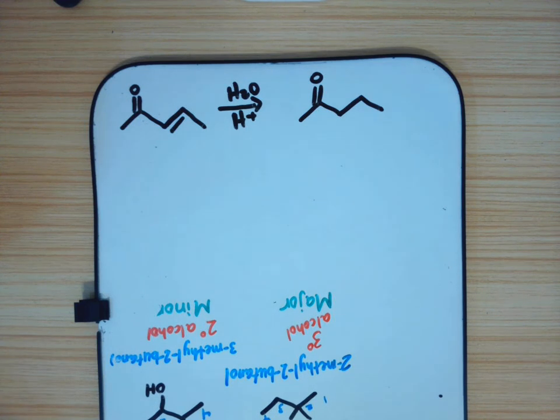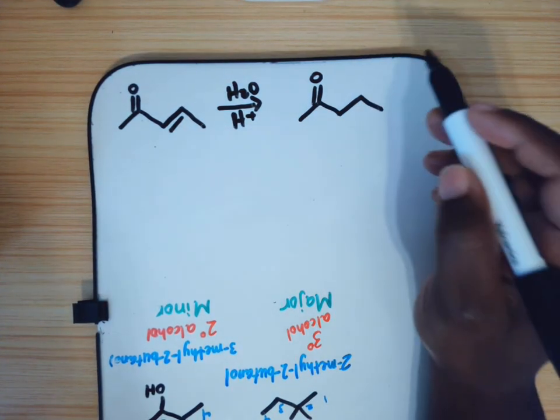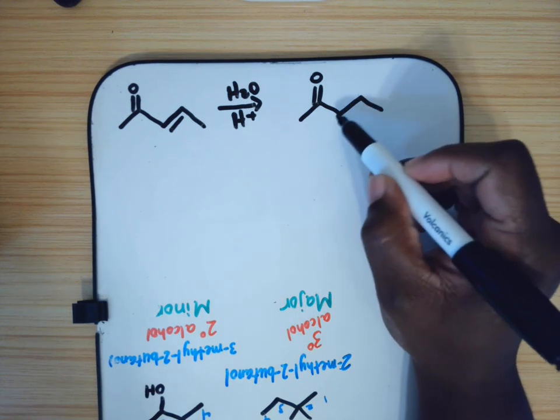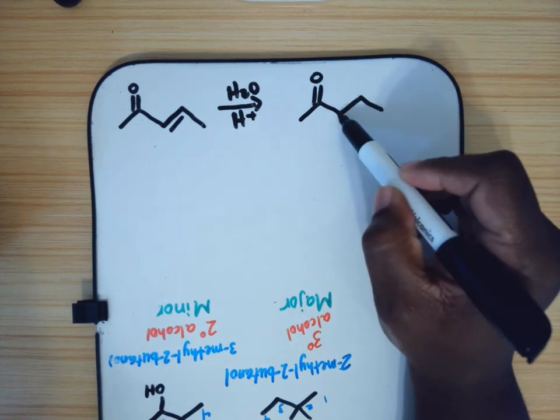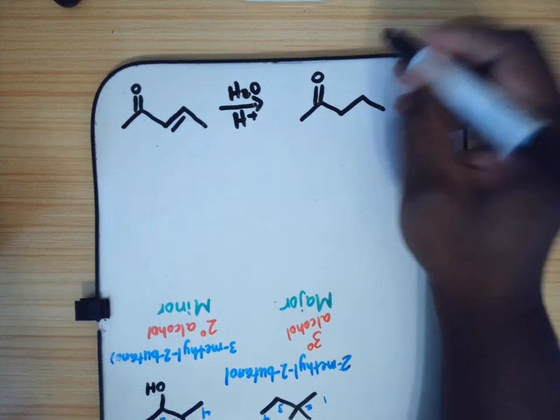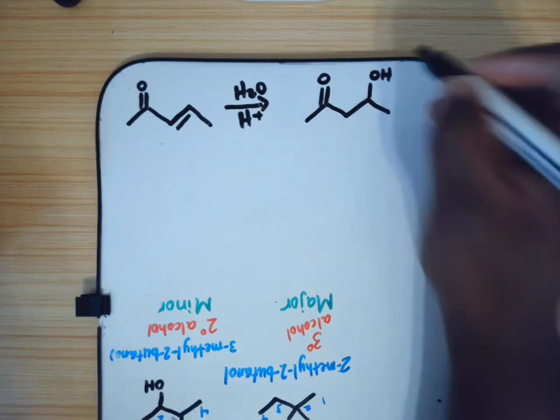So whichever carbon of the double bond was 2 carbon atoms away, that is the carbon that will gain the hydroxyl, that OH. So remember, these were the 2 carbon atoms where your double bond was initially located. So this carbon is 1 carbon away. This carbon is 2 carbon atoms away. This would be the carbon that would gain the OH.